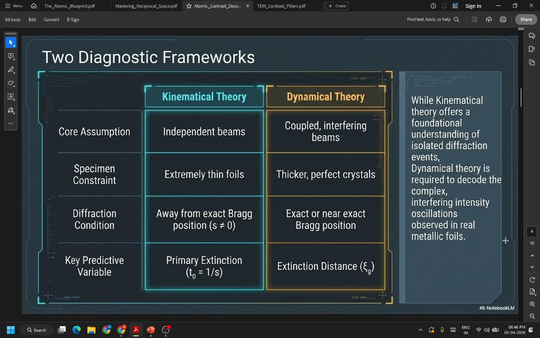Kinematical theory works away from exact Bragg positions where S is not zero, whereas dynamical theory works at or near exact Bragg position.